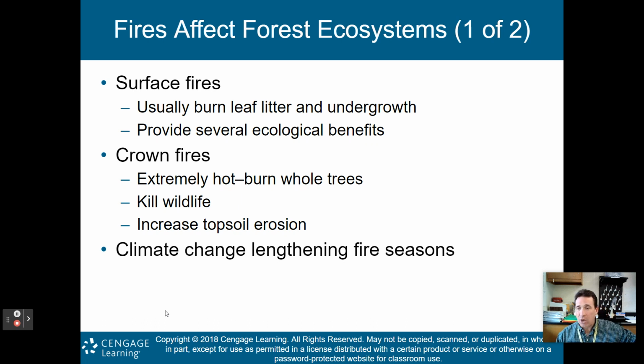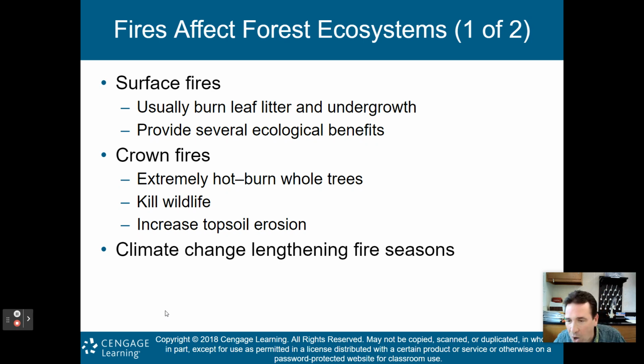By clearing out all the leaf litter and the underbrush, you actually allow other plants and trees to begin to grow where maybe they didn't have the sunlight to be able to do that, right? By burning the underleaf and the leaf litter, you're creating nutrients, right, that get cycled into the soil, which then can help produce more in the way of other plants and things like that. So actually, some surface fires can be beneficial.